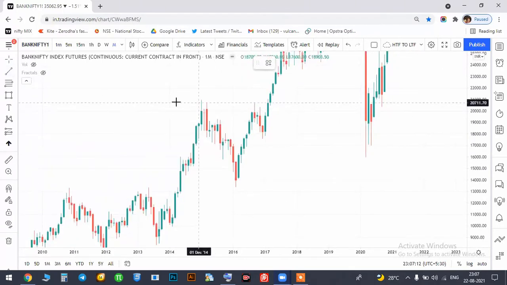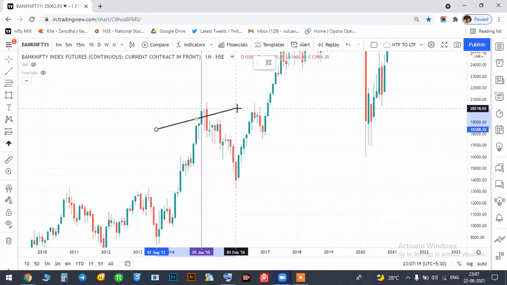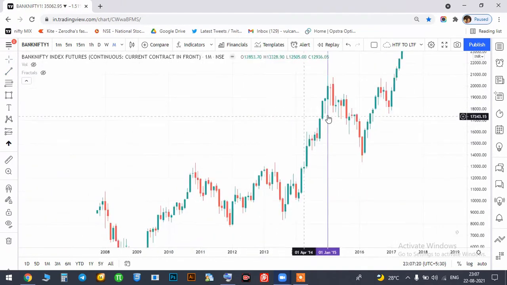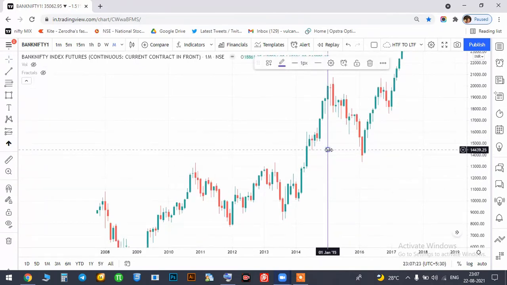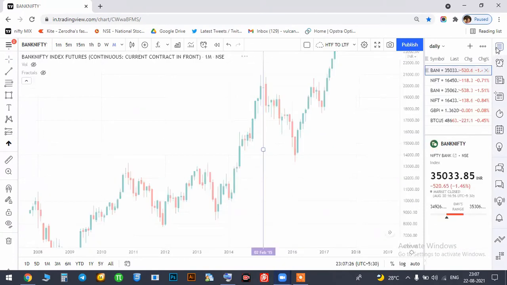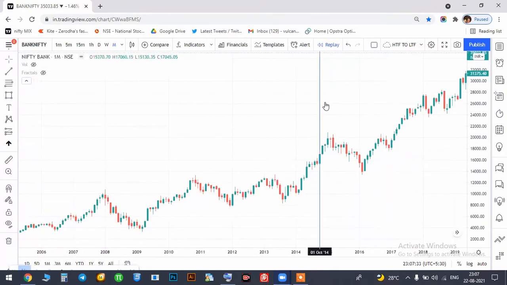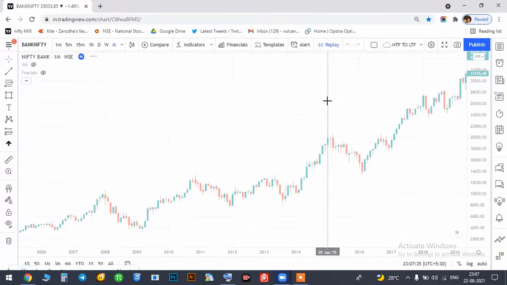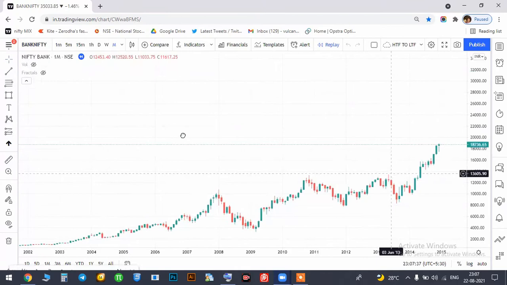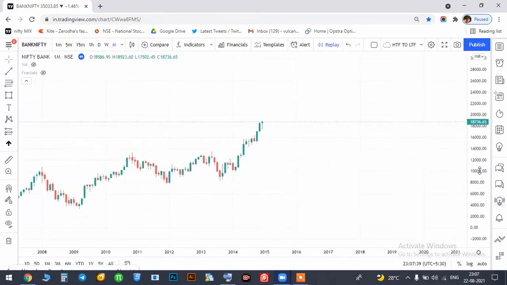Suppose you don't know this will happen and you are here, on the left side of this blue line. Now you are in the market here.